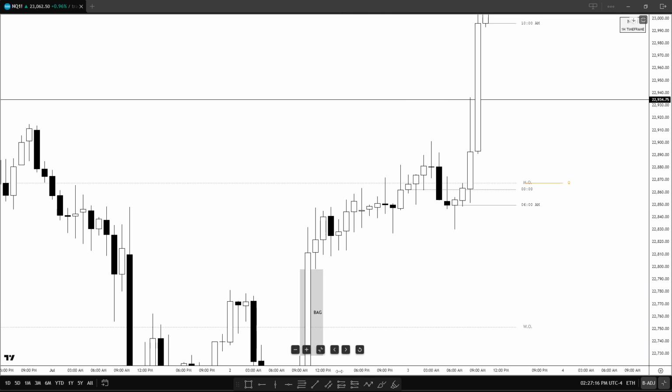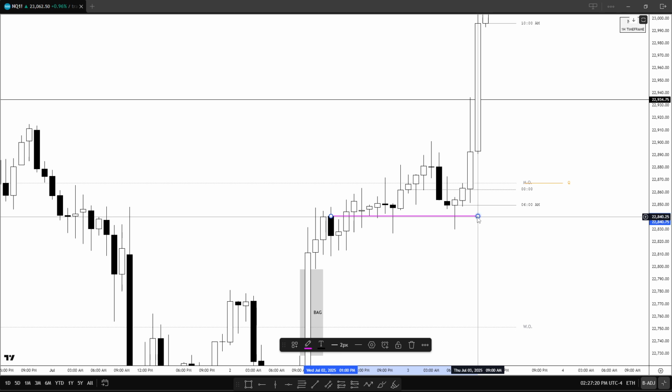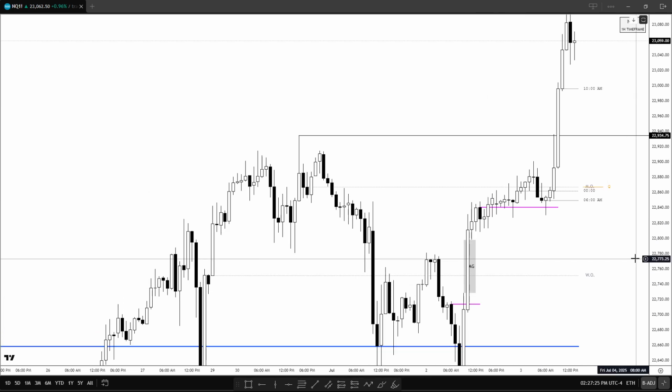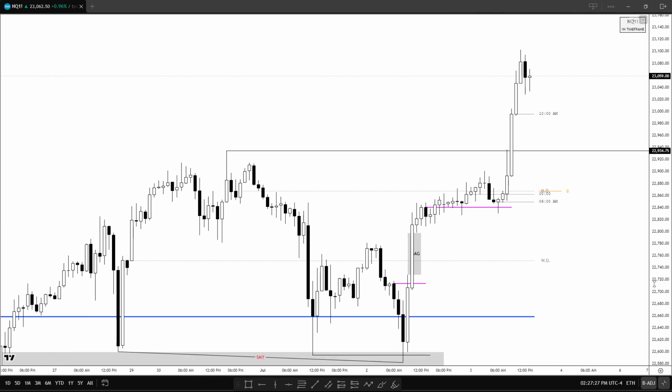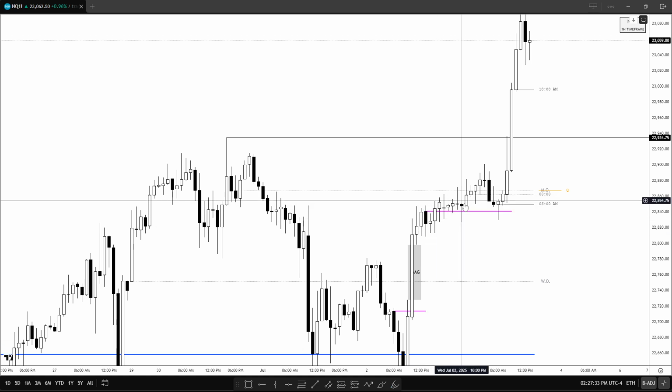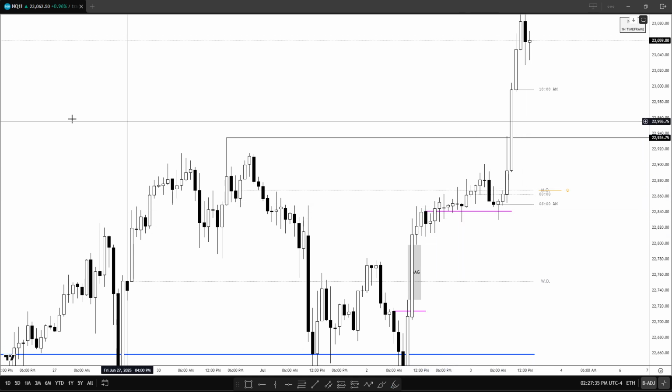And we can use different PD arrays like this down close candle here. If we extend this out, you can see exactly how we respect it. You see how we respect it and never trade lower down below. This is very clean right here itself.